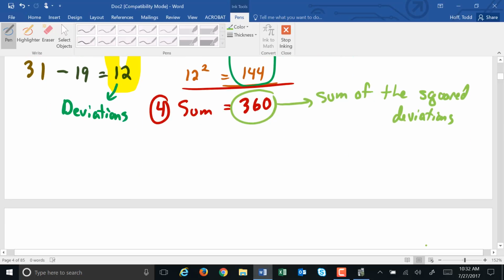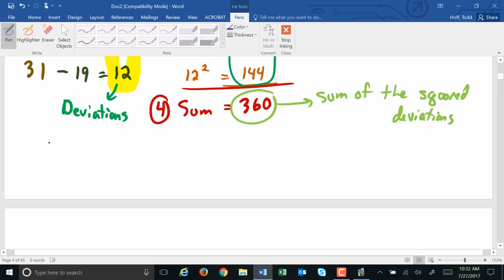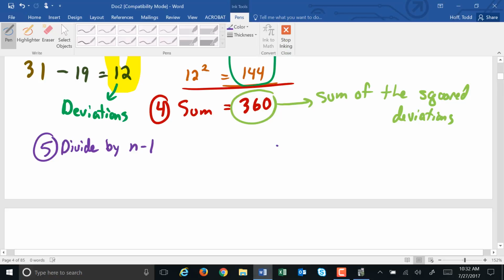Step 5 is the tricky one. We're going to divide by n minus 1. Now for this set of data, what did n equal? 5. There were 5 numbers in the list.